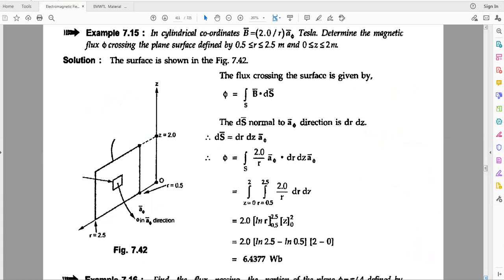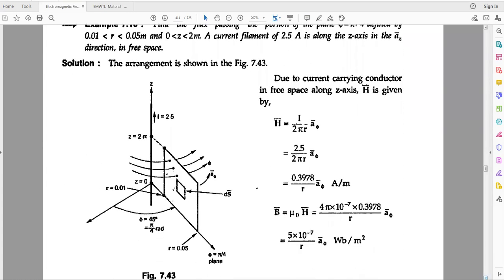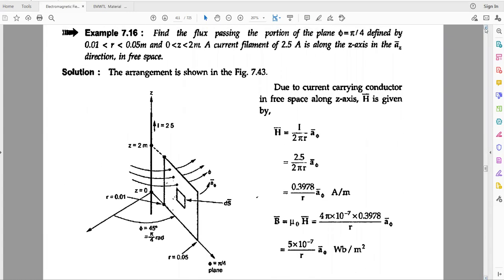Next example. Find the flux passing the portion of the plane phi equal to pi by 4 defined by R in the range of 0.01 to 0.05, and Z from 0 to 2 meters.